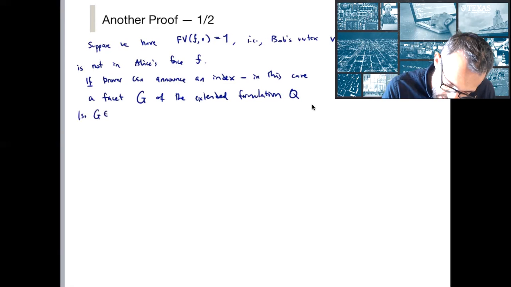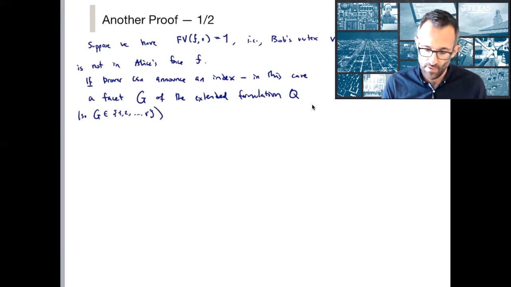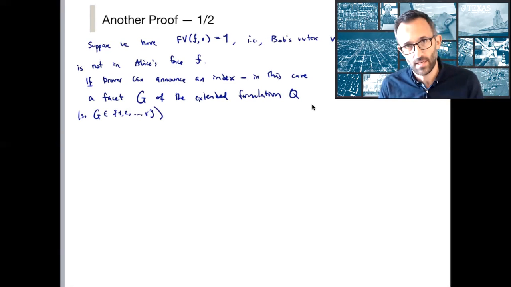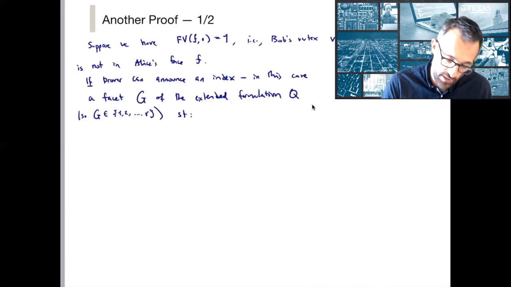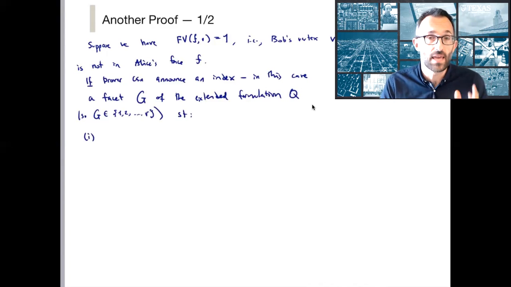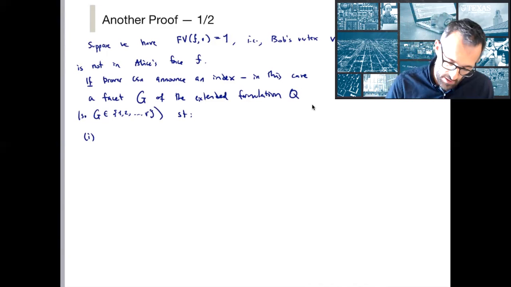So G is an element of 1, 2, up to R. So if the prover can announce an index G that satisfies two properties, then the claim is that we are in business, namely that Alice and Bob can correctly decide whether they should both accept or not accept this proof.